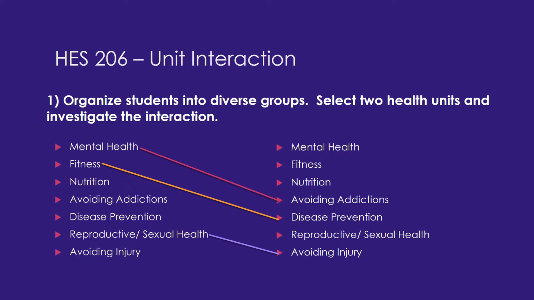Perhaps another group may also select mental health, but this time look at the role of fitness, nutrition, and weight management. So again, this can go in a lot of different directions. This is the exciting thing. And as a professor, I don't have to lecture on all these topics, but encourage the students to go find the information.